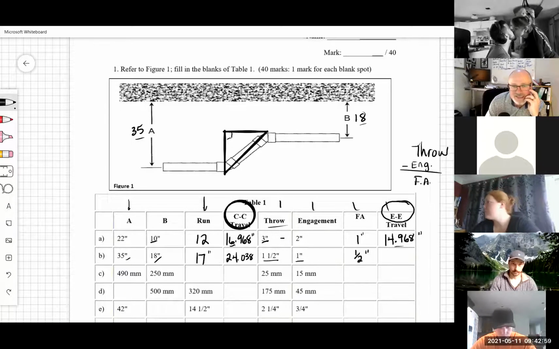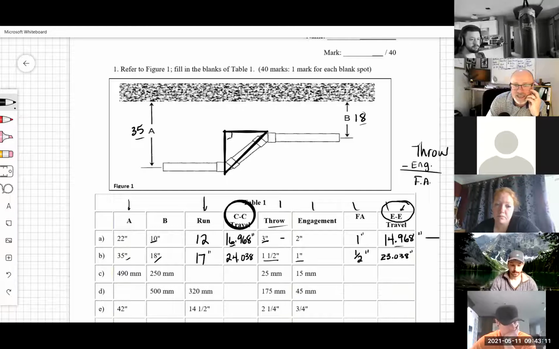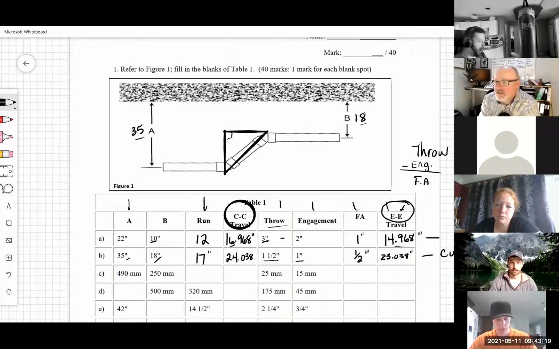And my end-to-end measurement here is going to be 2 fittings off of this, so that's going to be 23.038 is my end-to-end measurement, or my cut length.